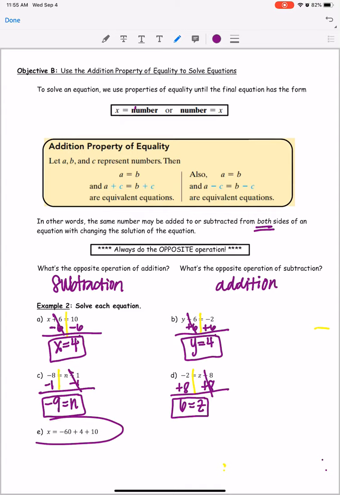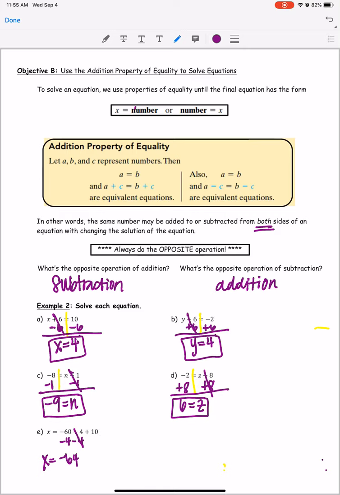When you look at a problem like E, notice your variable is already by itself. A big mistake that's going to happen is now that we're doing opposite operations, we will take something like this -60 plus 4, and we'll say the opposite of plus 4 is minus 4, and so we'll minus a 4 over, and we get -64.